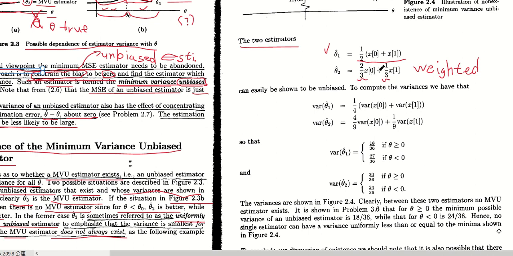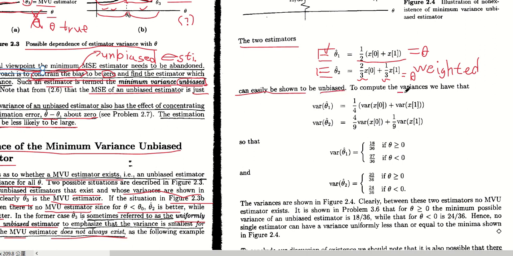The coefficients add up to 1, so they are all good and reasonable, but it puts more emphasis on x0, 2 over 3. If you take the expectation, this is equal to theta. As a result, it can easily be shown to be unbiased.